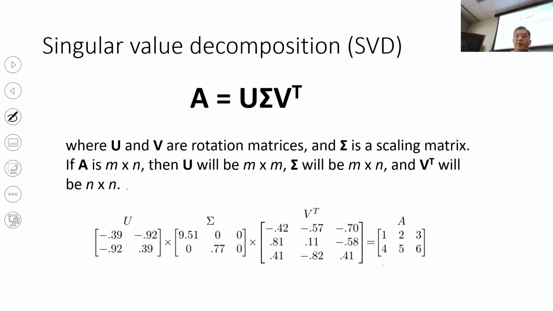If you have an input matrix A that is not square, say 2 by 3, you decompose it into U, sigma, and V transpose. Just as I said on the blackboard here, U is 2 by 2, sigma is 2 by 3, and V transpose is 3 by 3. If you type in MATLAB and you do SVD, you get this solution.